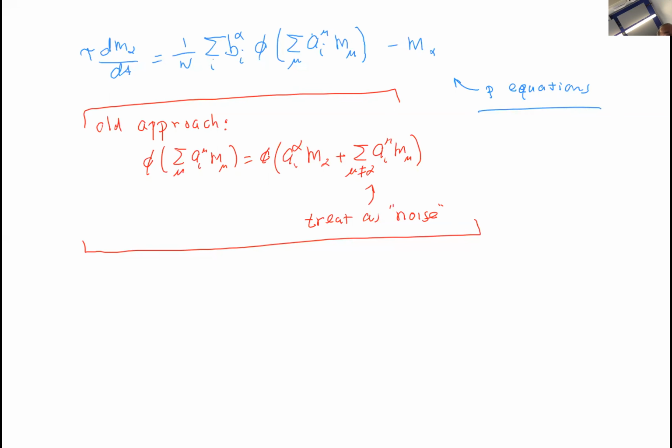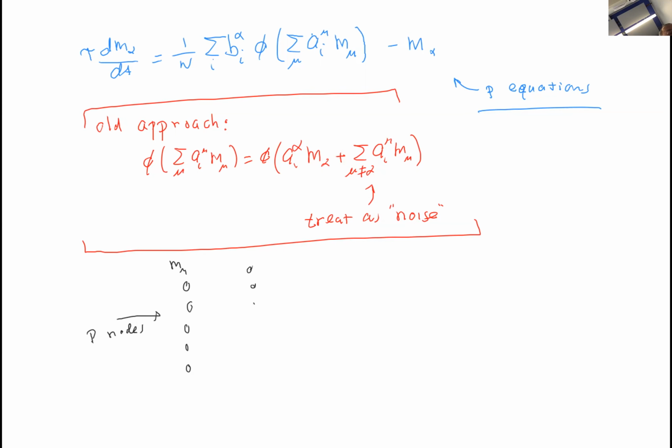But what we're going to notice is this thing is a 2-layer network. The input to that network is m_mu. So there are P nodes, because there are P m's.